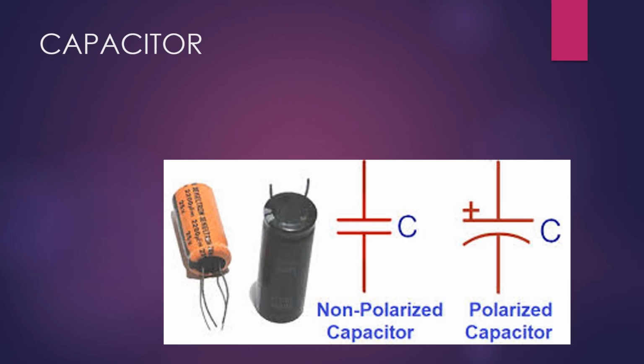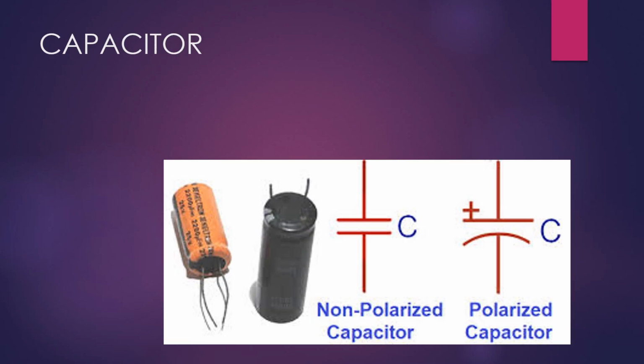Now on the capacitor, I usually say that a capacitor is that lazy cousin, because while other components are working, a capacitor is not working. In fact, it's charging. The moment other components are off or they stop working, then the capacitor starts to work because it's discharging.